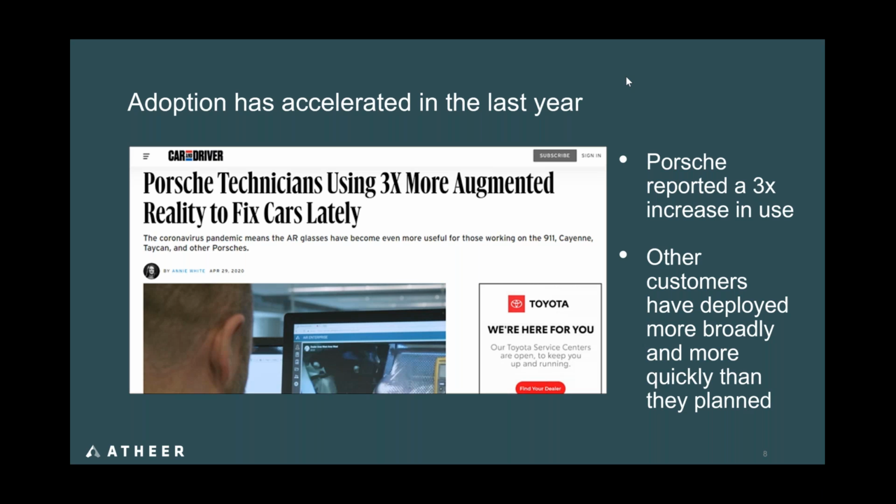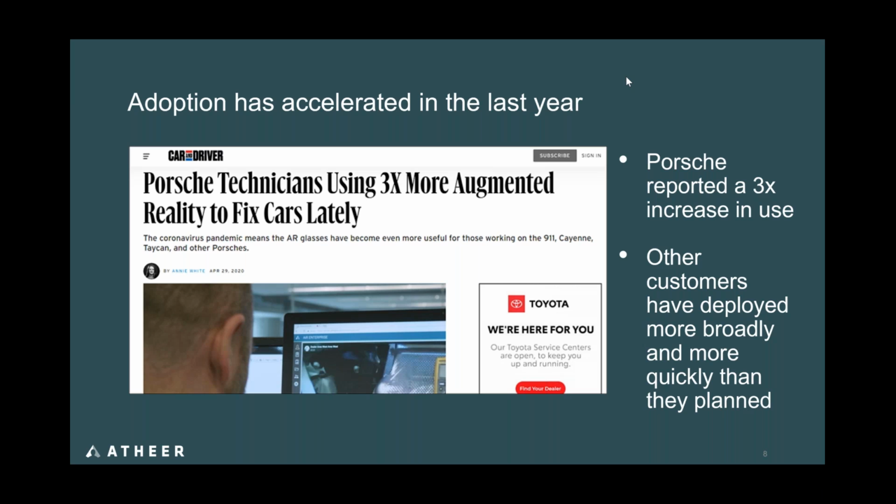And we've also seen a number of cases where existing customers have accelerated their schedules, where they were planning a certain number of deployments in the first quarter, for example, and then suddenly said, no, actually, we need to deploy all of those, the deployments for the entire year, in this first quarter.